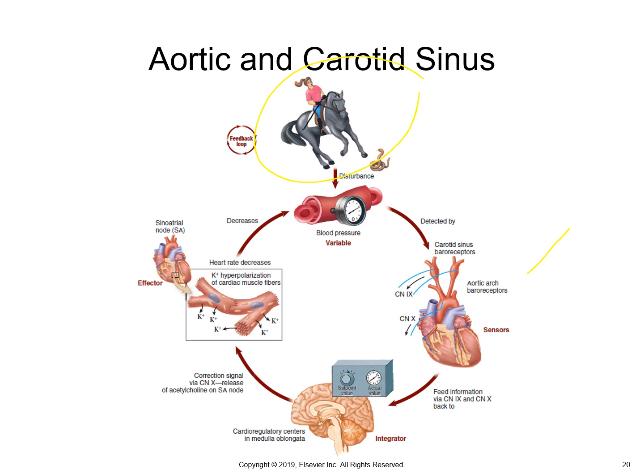So the signal transmission then occurs via the cranial nerves. Cranial nerve 9, which is the glossopharyngeal nerve, sends a signal to the carotid sinus of the brain, and cranial nerve 10, which is the vagus nerve, is going to send a signal from the aortic arch to the brain. So we see that the nerves are now sending a signal.